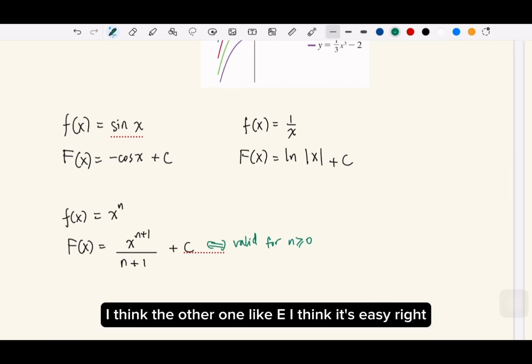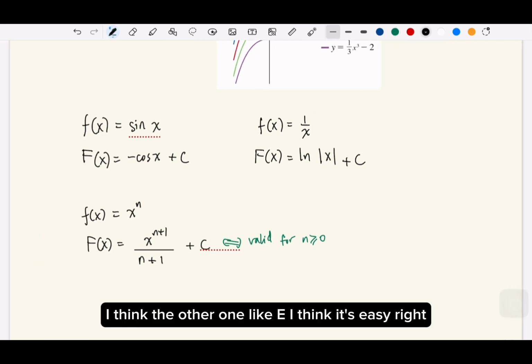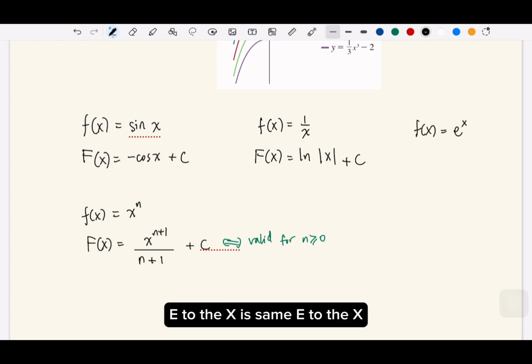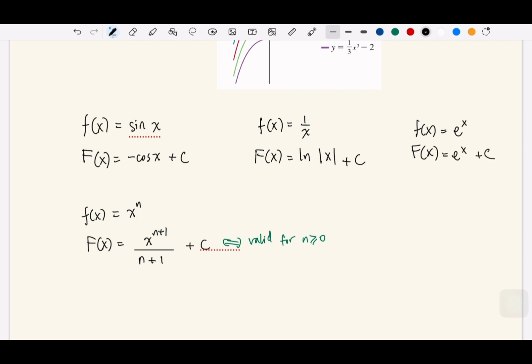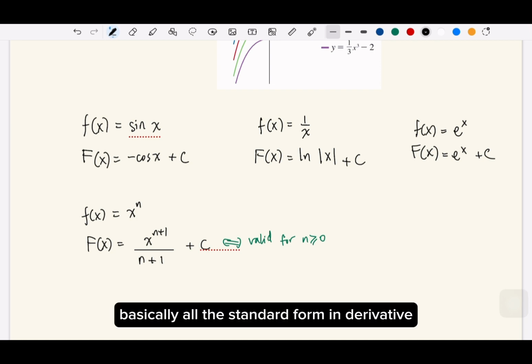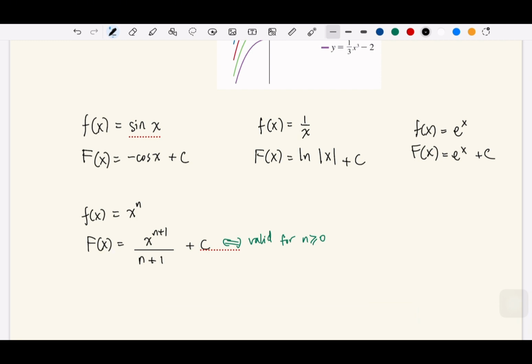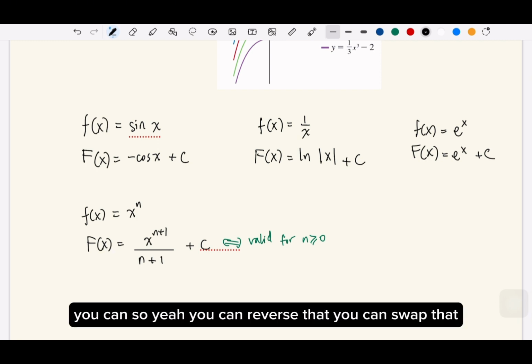I think the other one, like e, is easy, right? e to the x is the same e to the x. And then what else? Basically all the standard formulas in derivatives, you can reverse that.